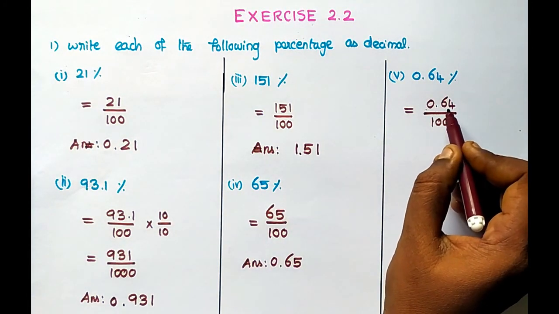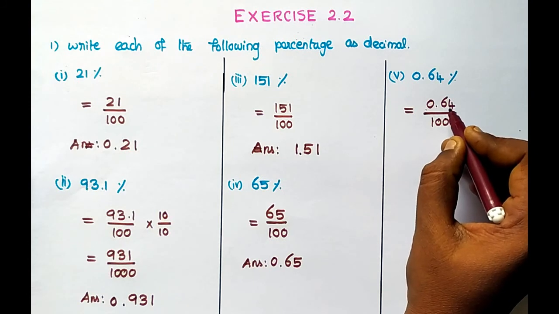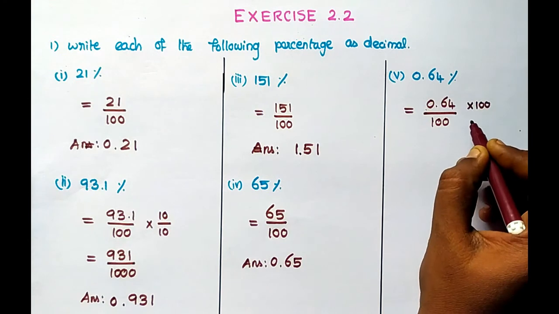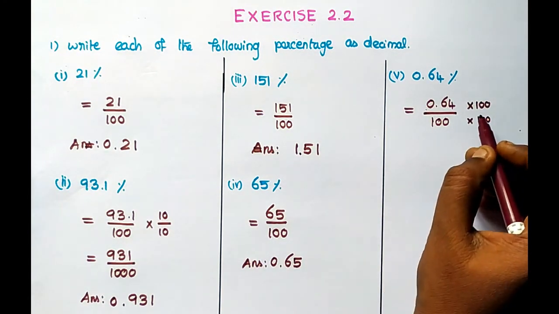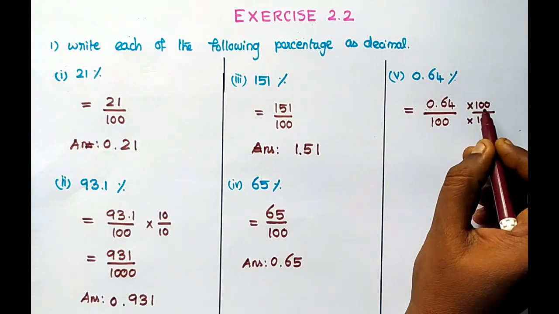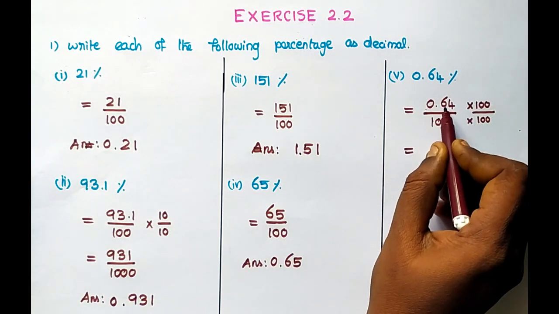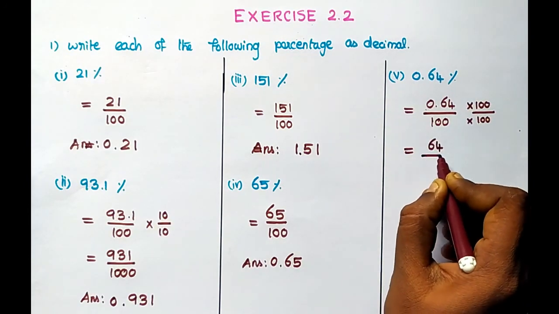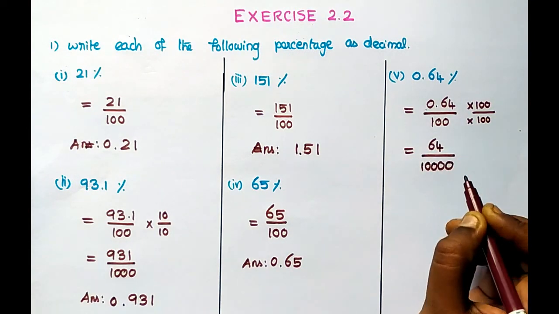Here, after the decimal point 2 digits are there, so we have to multiply with 100, both numerator and denominator. 0.64 into 100 means we get 64 divided by 100 into 100, 10,000.